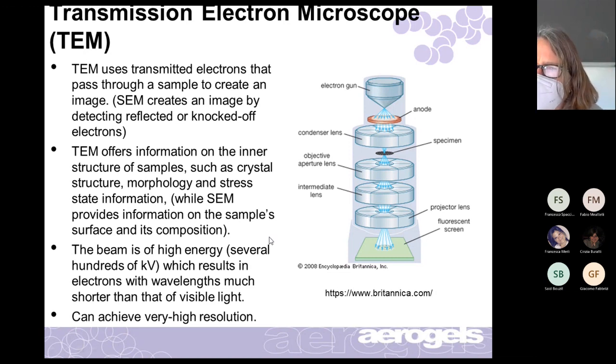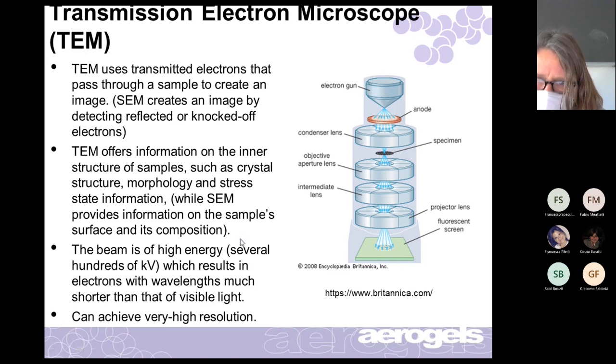So it offers information on the inner structure of samples, such as crystal structure, morphology, and you can even get stress information, while SEM just provides information on the sample's surface and its composition. It's similar: there's a bunch of lenses and all kinds of things. There's an electron gun, which is much higher energy than an SEM, that gets shot through your sample.